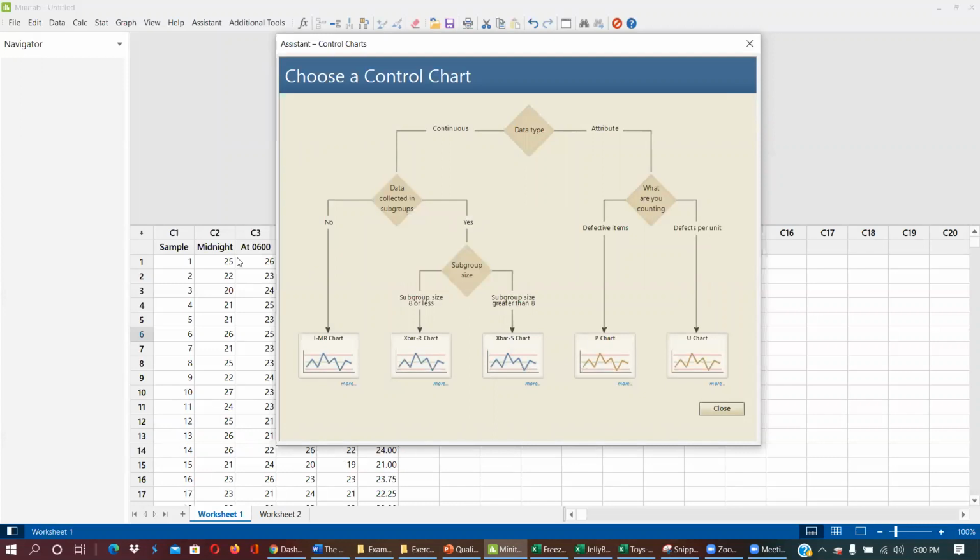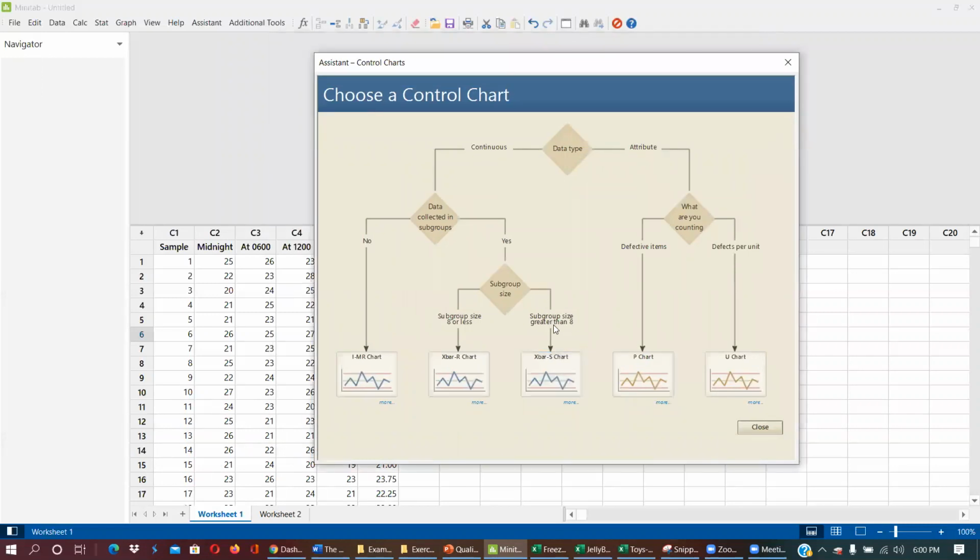Yes, we have subgroups: midnight, 6 o'clock. Subgroup size up to 8, or more than 8. So this is continuous data.